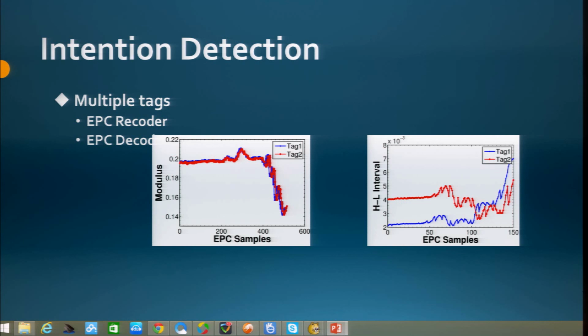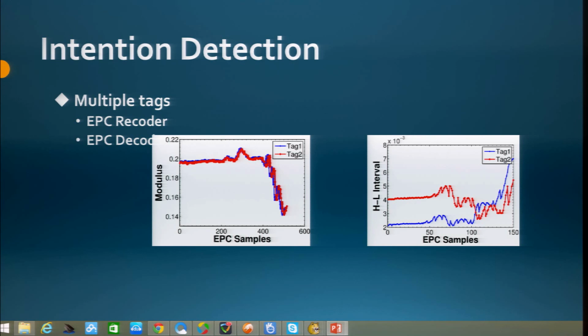However, we need to solve some challenges. The first challenge is that we need to consider the scenario of multiple tags. For example, on a shelf we have many tags, right? We need to distinguish them, because we need to collect the signal. We need to distinguish those tags based only on the signals.